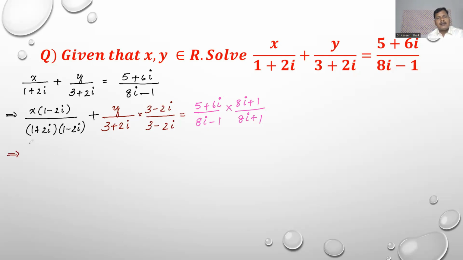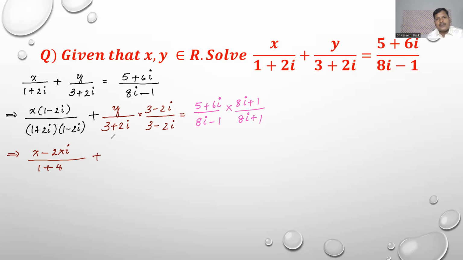That implies x times (1 minus 2 iota) upon 1 square, where a plus b into a minus b is a square minus b square. 2 square is 4, iota square is negative 1, so plus 4. That is positive 1 plus positive 4.